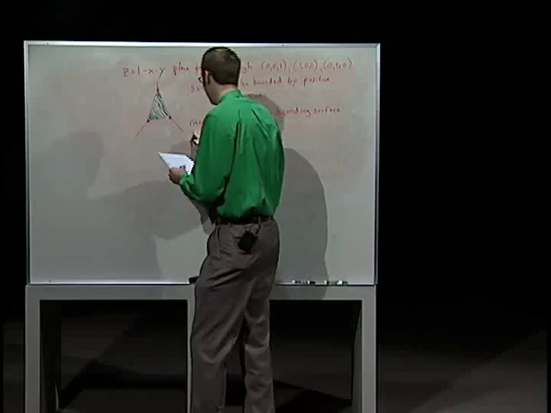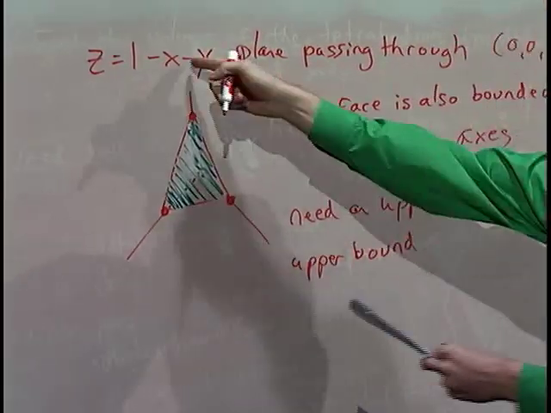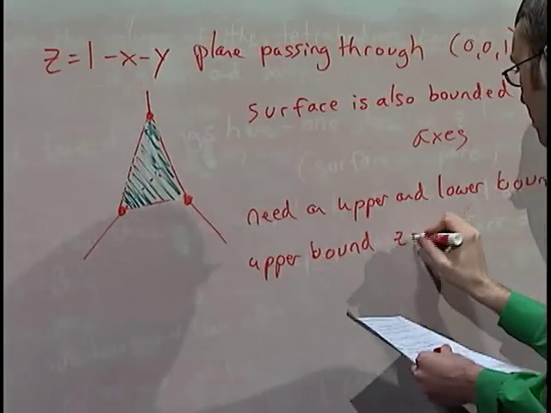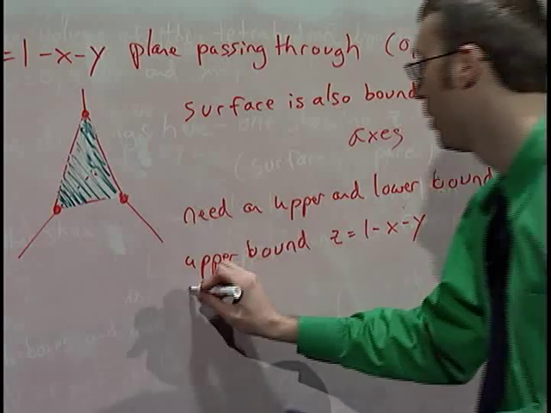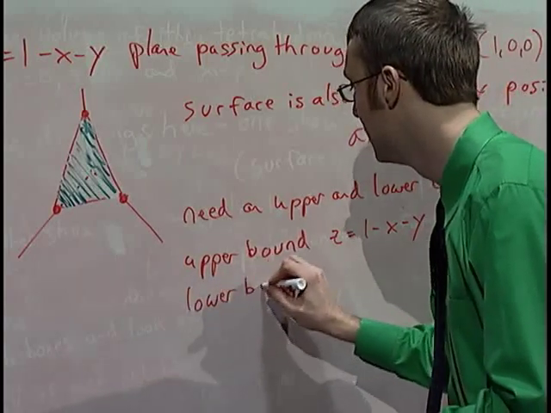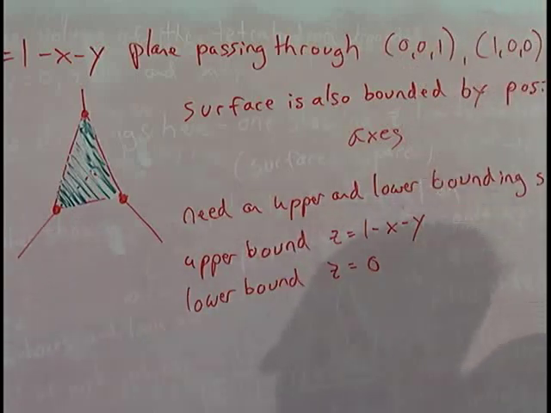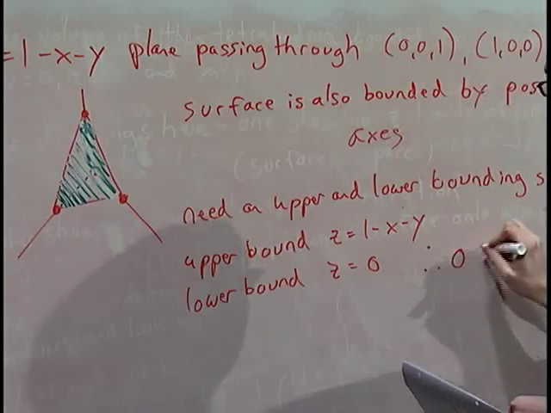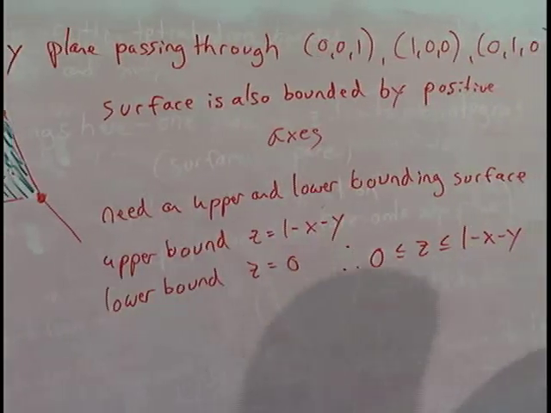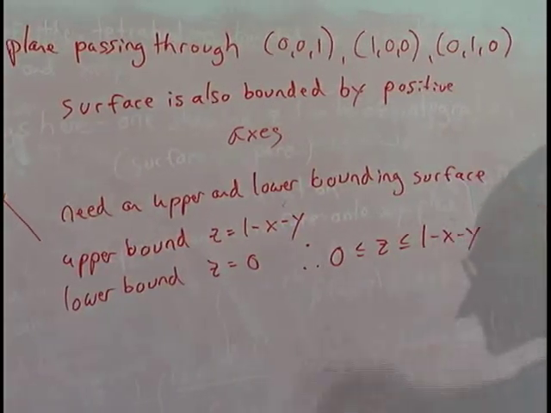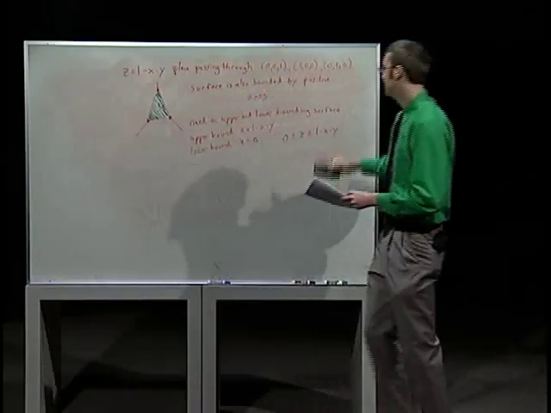So our upper bound is that plane, z equals 1 minus x minus y, and our lower bound is z equals 0. So the bottom line is that z is stuck between 0 and 1 minus x minus y. There's our z limits.